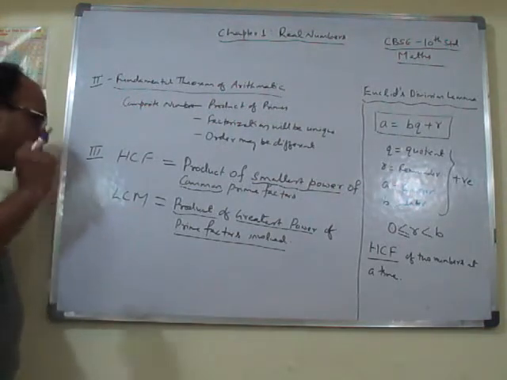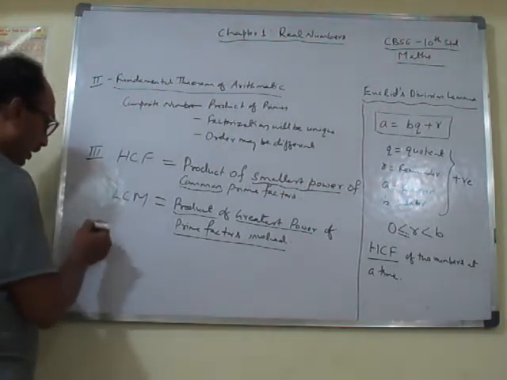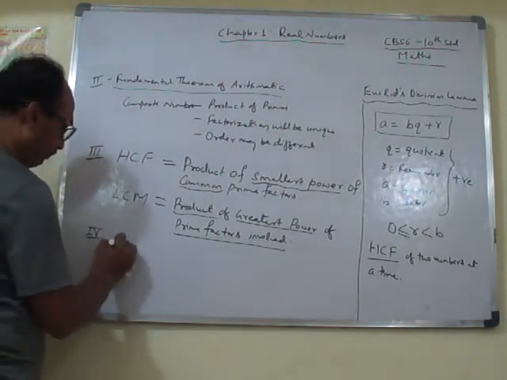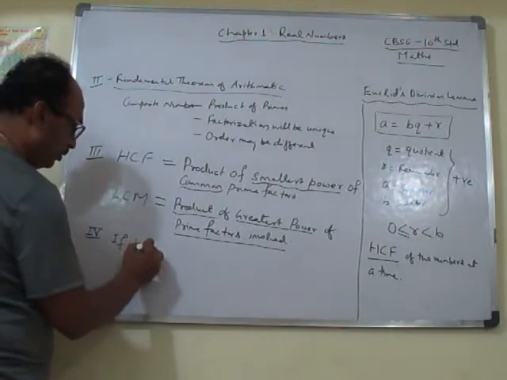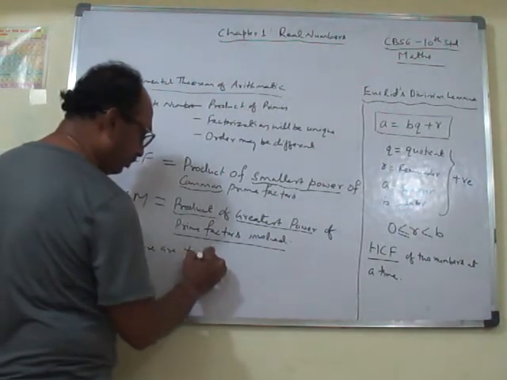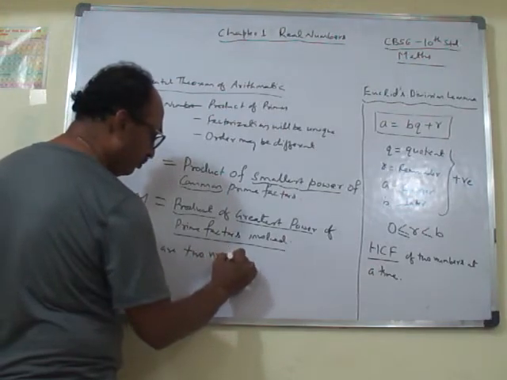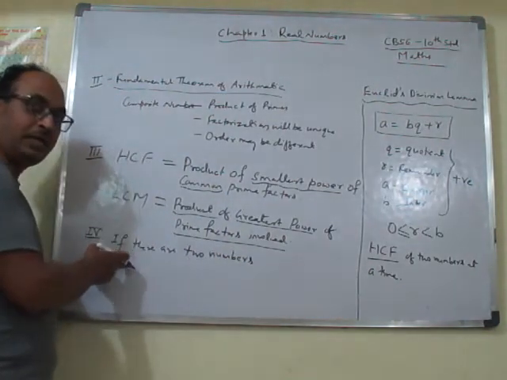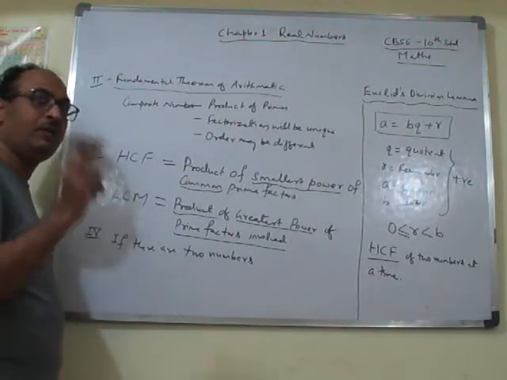One more thing there is. This is the fourth one. If there are two numbers given, this particular criterion is applicable only for two numbers.